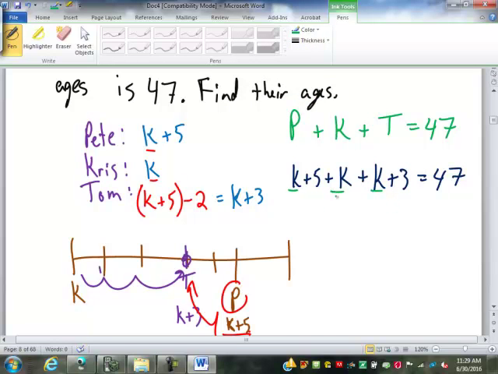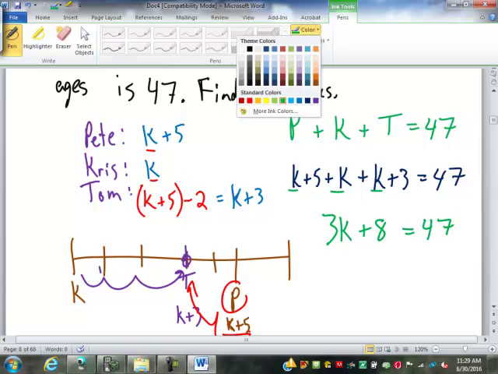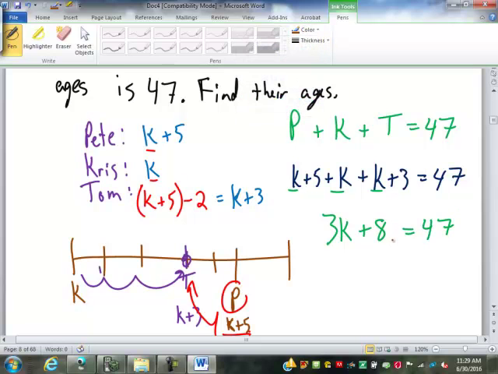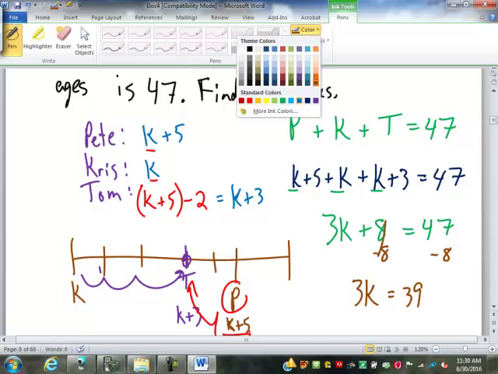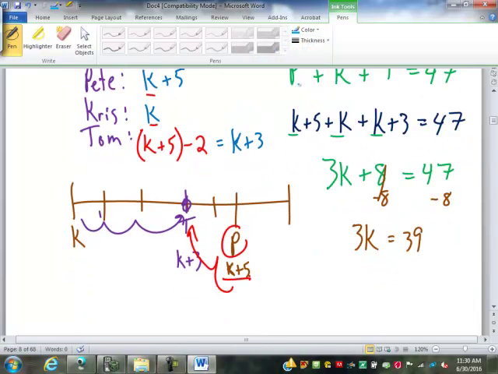Combine, I have 3 Ks, which is just going to be 3K, plus 8 equals 47, and then subtract 8. 3K equals 39. And then divide by 3. K equals 13.